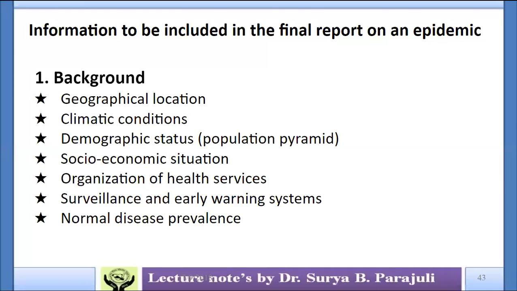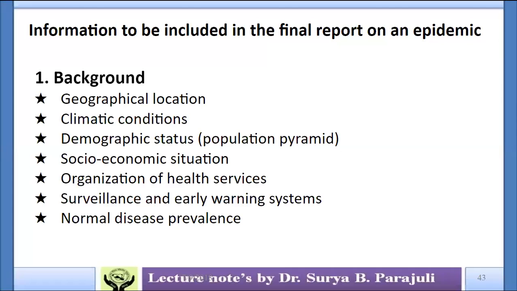Demographic status, population pyramid: especially the geriatric age group suffered more. Poor social status, with less sanitation and hygiene. Organization of health services through PSC or through private hospitals. And for your information, in our city, Viratnagar, healthcare waste management is pathetic. They used to throw all the healthcare waste in the nearby river. After that there has been certain improvement, but we still need to go beyond.